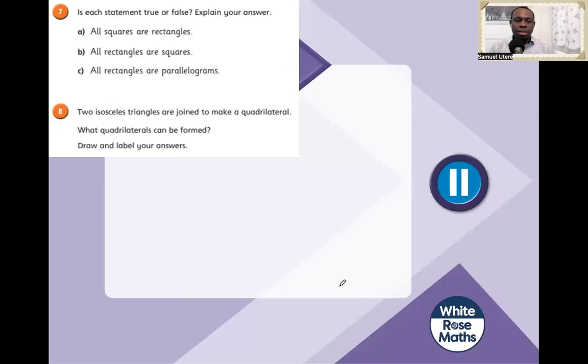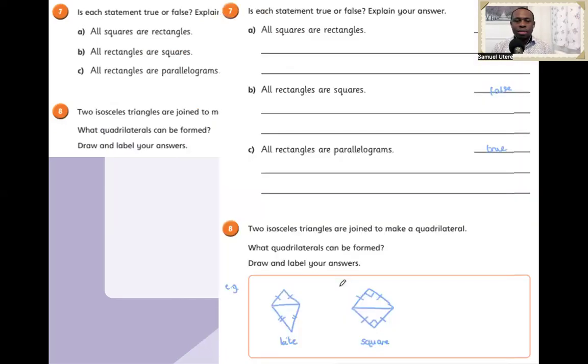Pause the video and answer questions 7 and 8 in 3 minutes. Assuming you've paused the video and you've answered the questions, here are the answers. So here you were asked, is each statement true or false? We know that a square is a special rectangle and all rectangles are not squares.